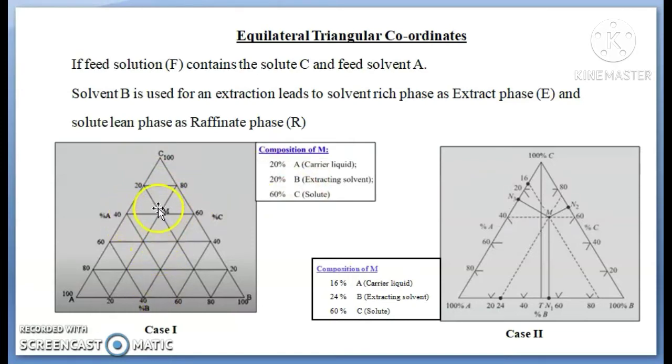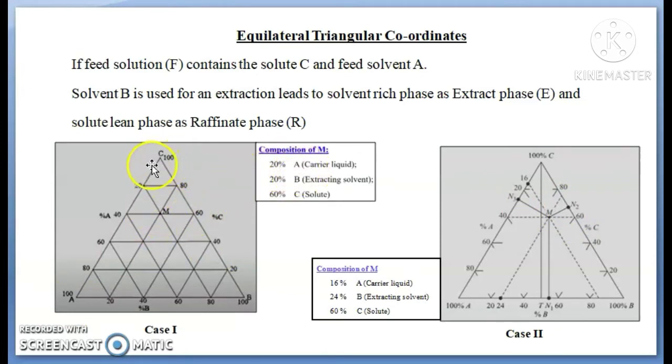Whereas the perpendicular distance at this point indicates the percentage of A. So here the composition of M indicates 20% of A.